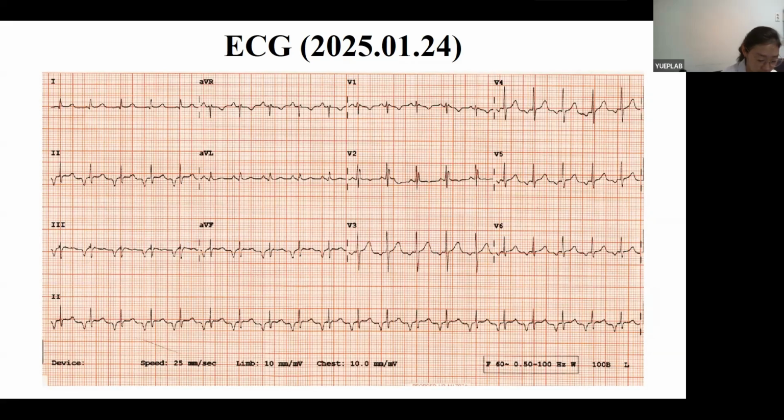When we see the precordial leads, V1 is positive and V3 to 6 are negative. Inferior. I'm not sure. Okay, I agree.